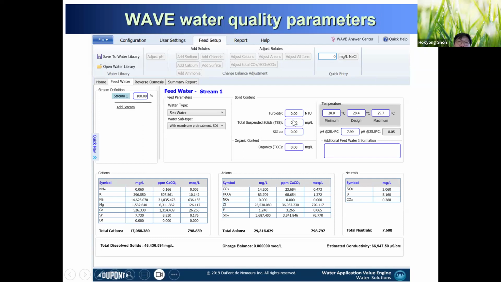Turbidity, depending on the NTU, determines what kind of pretreatment you need. When you have reverse osmosis, at least your NTU has to be less than 1 NTU. Also total suspended solids, SDI, and organic content, because organic content will create biofouling, because organic is a very good food for your microorganisms.